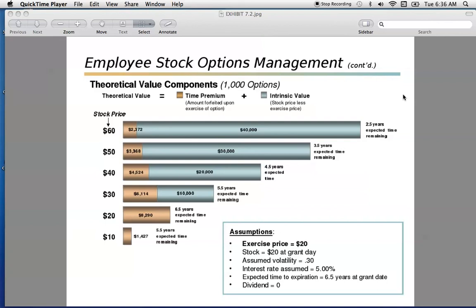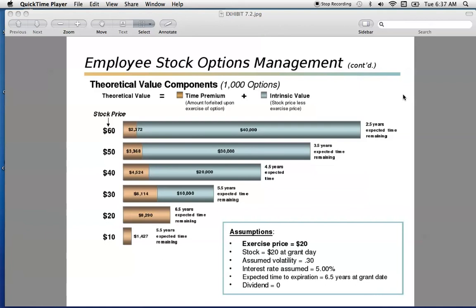If the stock went from 20 to 40, those options that had a theoretical value of $8,290 when you were granted them have a theoretical value of $24,524. Okay, so as you can see, the value has increased quite a bit.